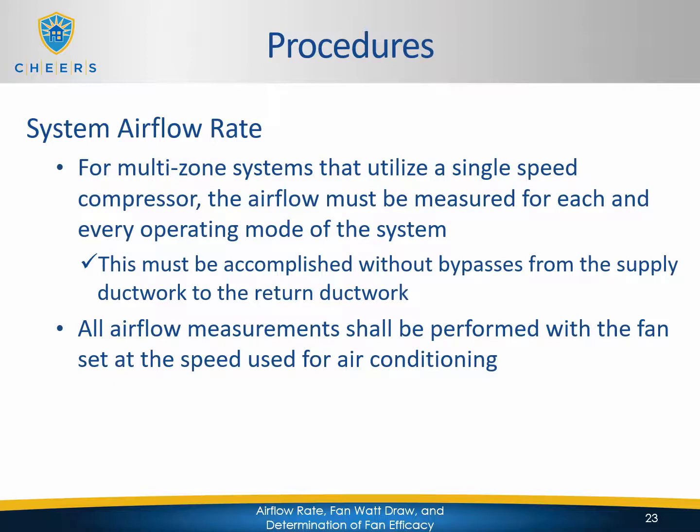For multi-zone systems that utilize a single speed compressor, the airflow must be measured for each and every operating mode of the system. This must be accomplished without bypasses from the supply ductwork to the return ductwork.